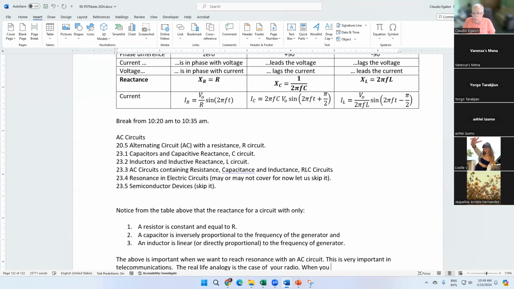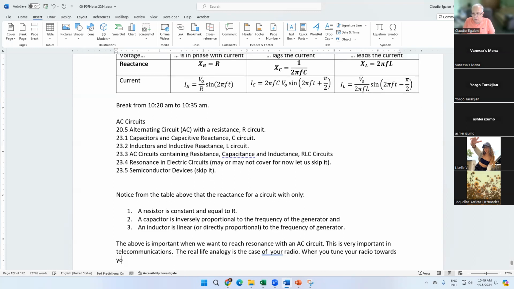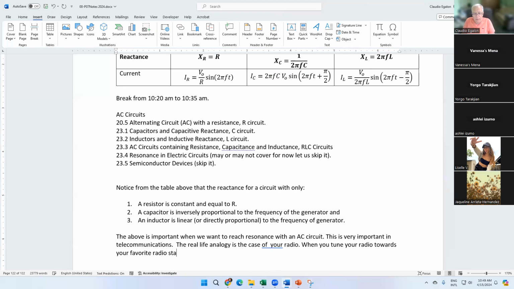When you tune your radio towards your favorite radio station, basically what you're doing is changing the frequency, capacitance, and inductance of your device to reach resonance with the circuit that your radio station uses to transmit its signal.